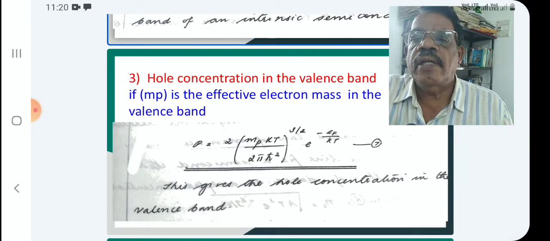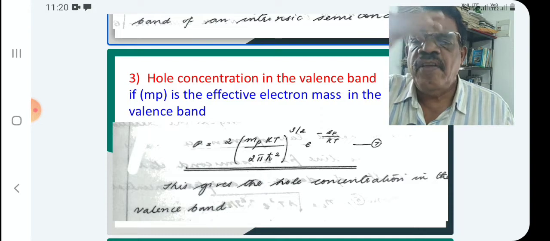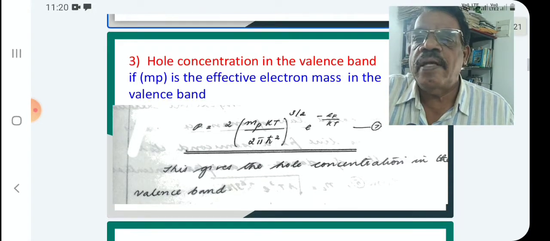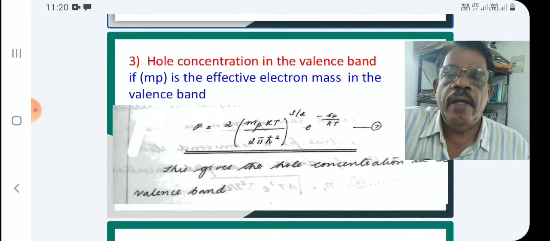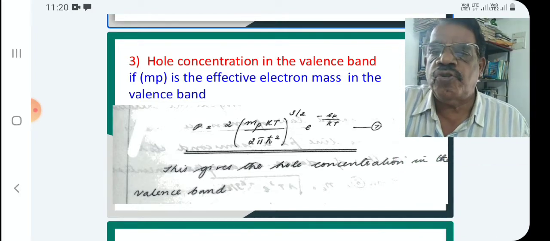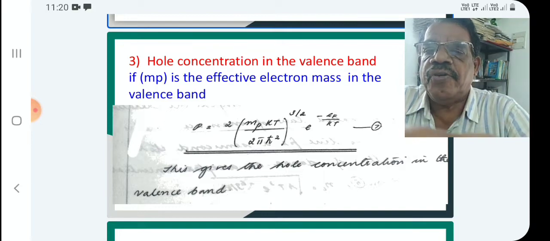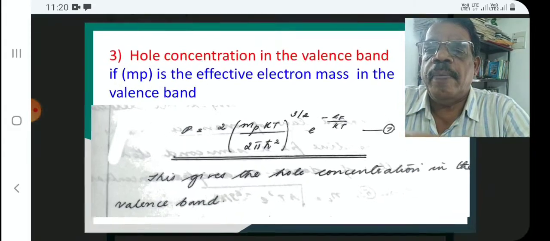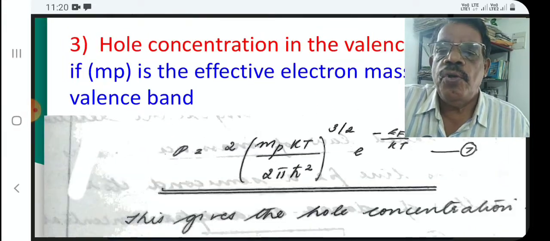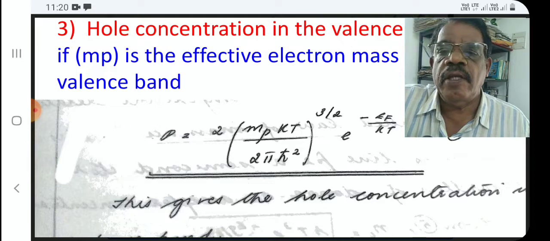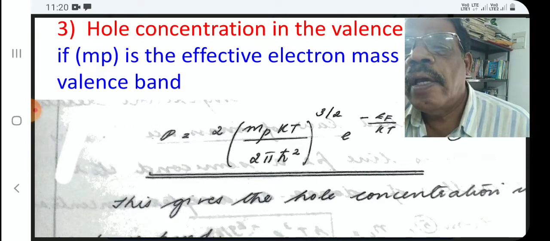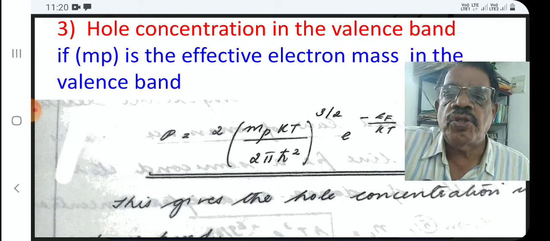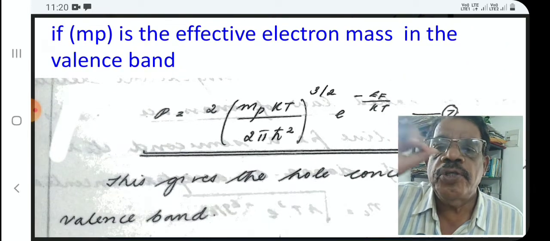Hole concentration in the valence band. If Mp is the effective mass of the hole in the valence band, the hole has an effective mass, it is supposed. In the valence band, we write P, the number of holes, equal to 2 (Mp kT by 2 pi h cut square) raised to 3 by 2 e raised to minus EF by kT.